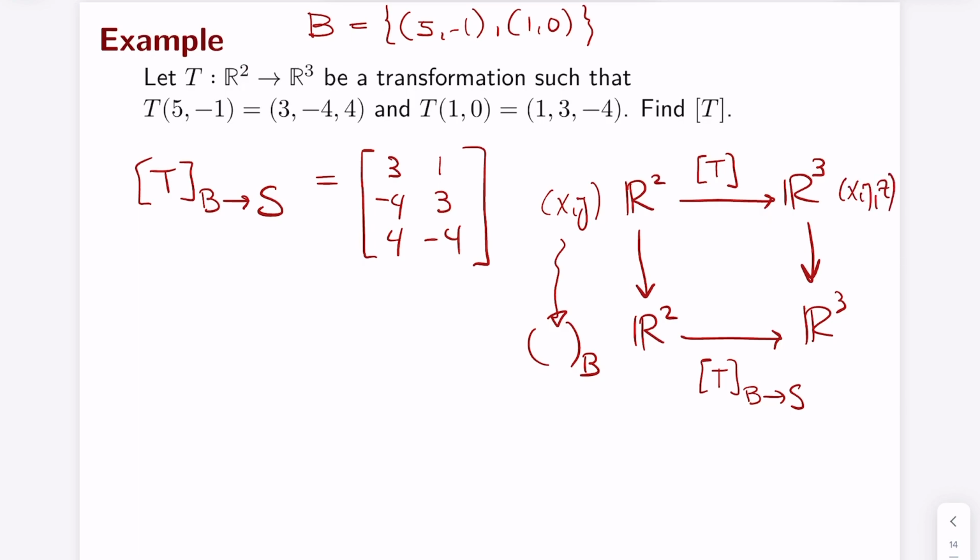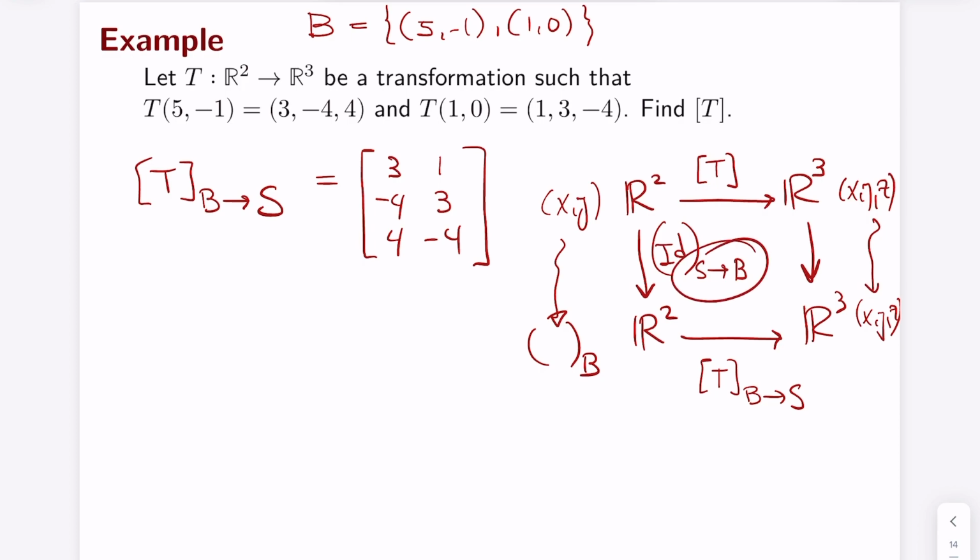So (x, y, z) will be just (x, y, z). So here we will have just the identity, standard, which means just the identity. So the only thing that we need to calculate then is here the identity from the standard basis to the basis B.